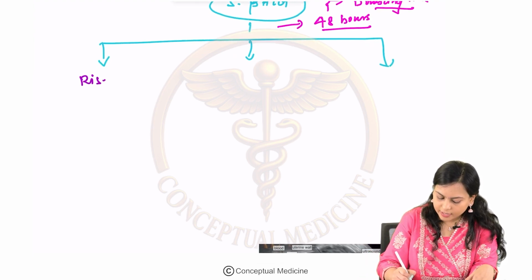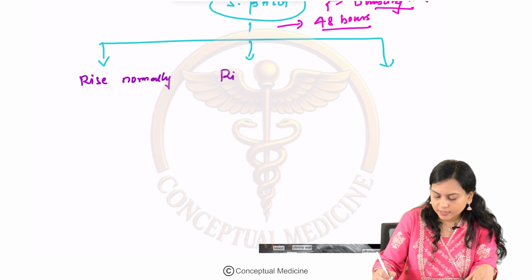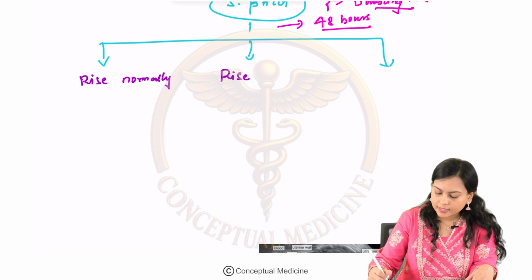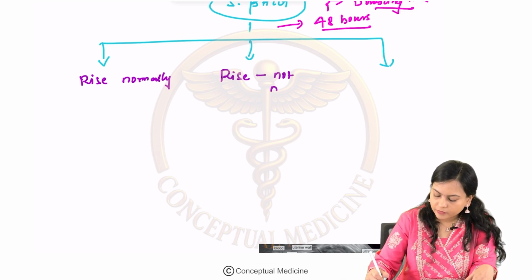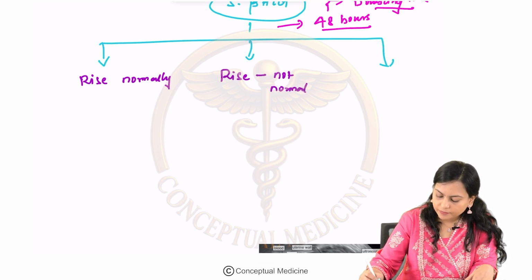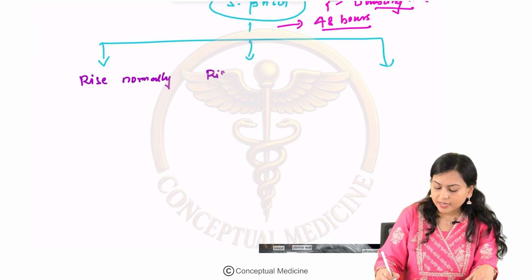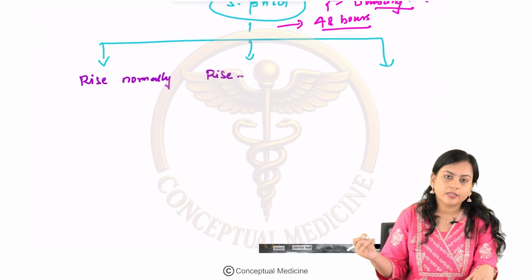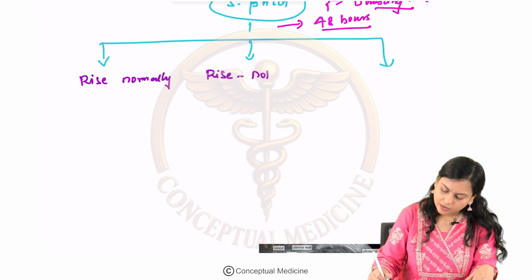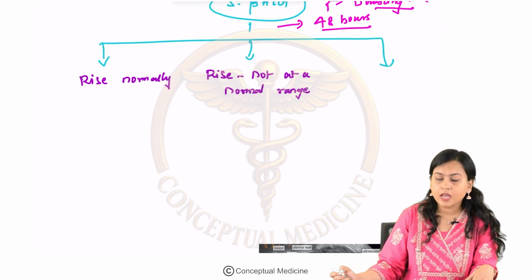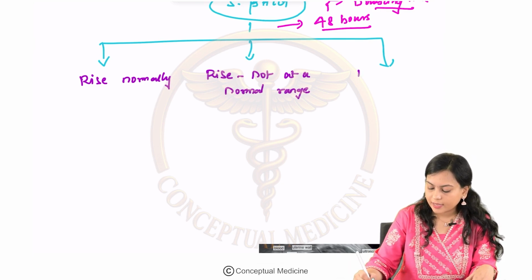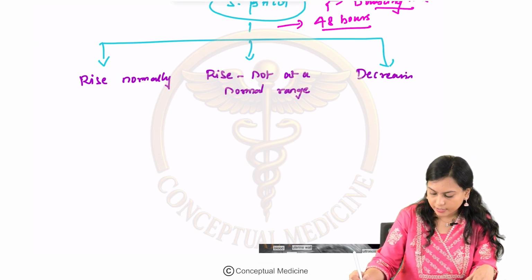One, it can rise normally. The second scenario, there can be a rise in beta HCG but not at a normal range. And the third choice, the beta HCG can be decreasing.